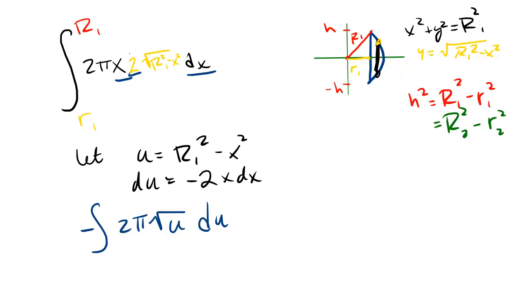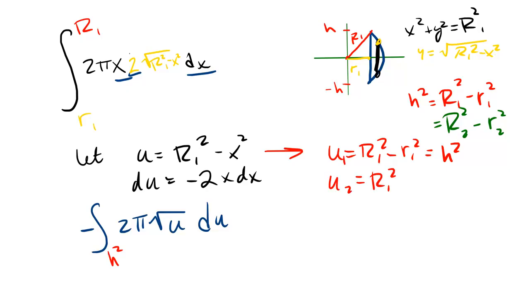Now notice that we have these bounds. Let's change these bounds. So u is equal to this. If x was r1, u would be R1 squared minus r1 squared, which is, in fact, h squared. So stick that in there, h squared. And if x was equal to capital R1, so these bounds, it would be R1 squared minus R1 squared, which is just 0.